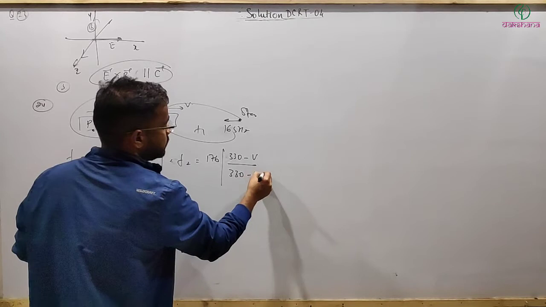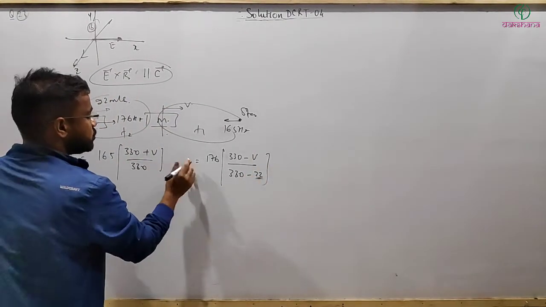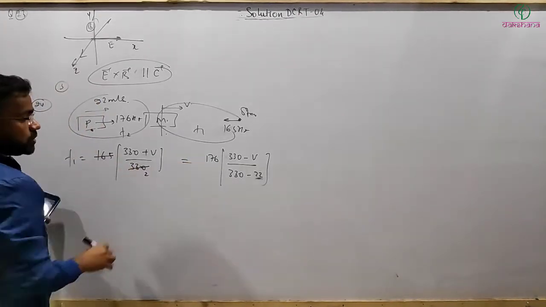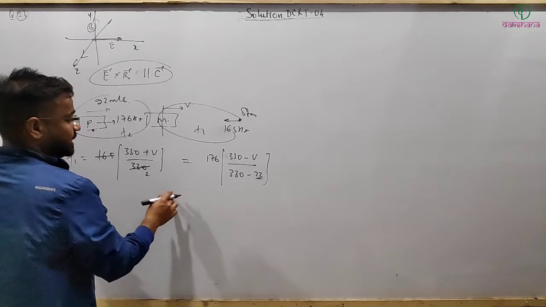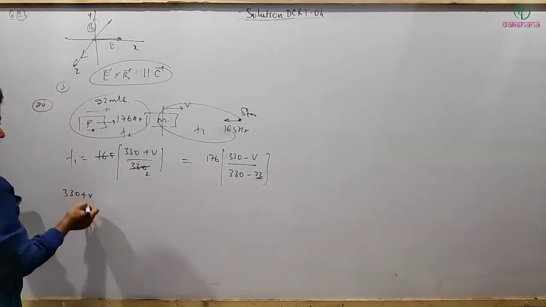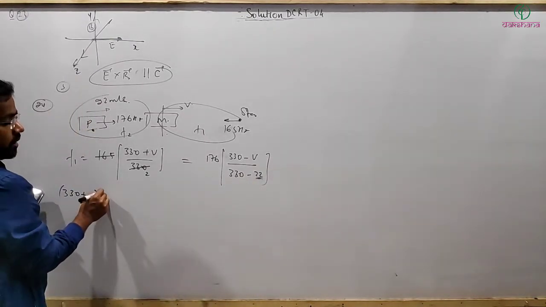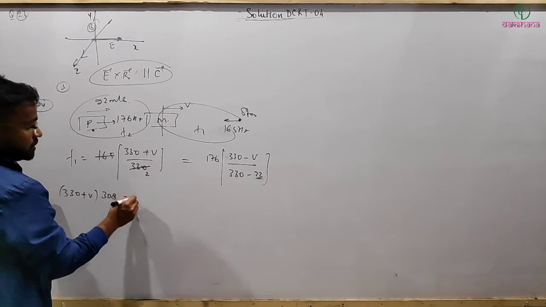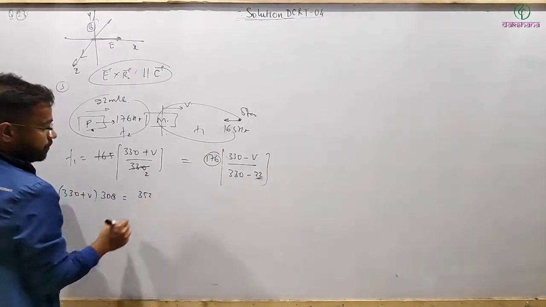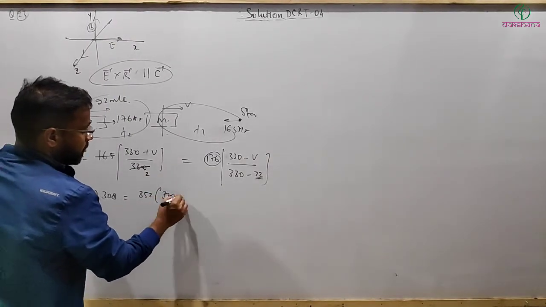This is the situation. Now these two frequencies must be equal. So this implies 330 plus V multiplied by this is equal to how much? 308, that is equal to this multiplied by 2, which is 352, into 330 minus V.